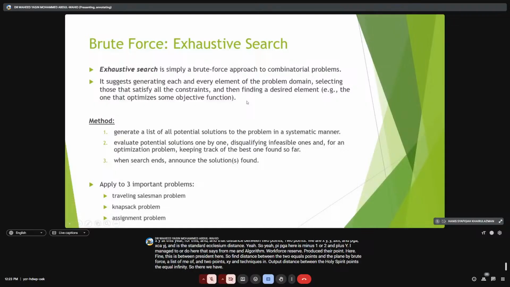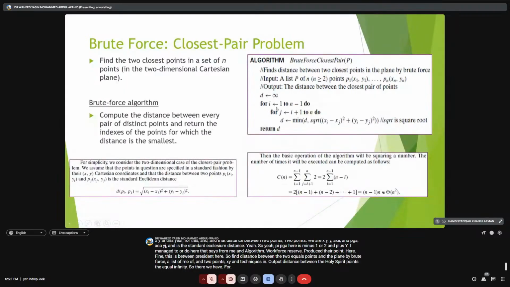So here we have for i equal to 1 to n minus 1 do, for j equal to i plus 1 to n do, d equals minimum of d and the square root, here SQRT means we take the square root of (xi minus xj) power 2 plus (yi minus yj) power 2.